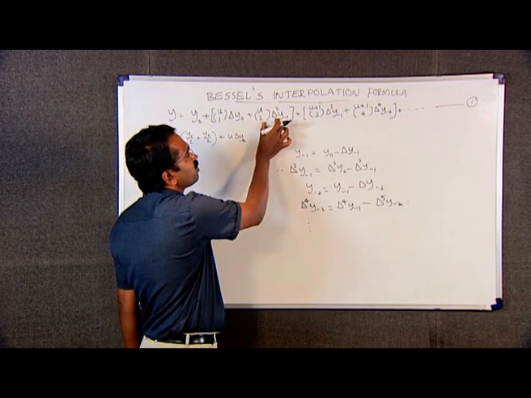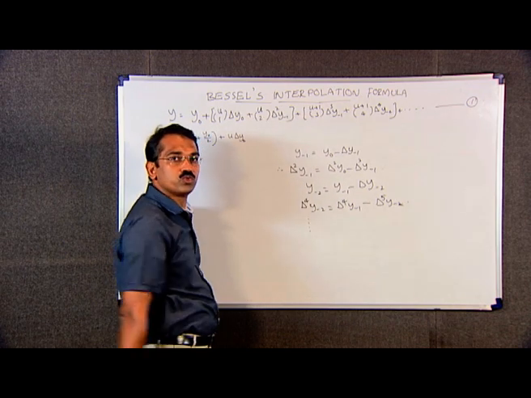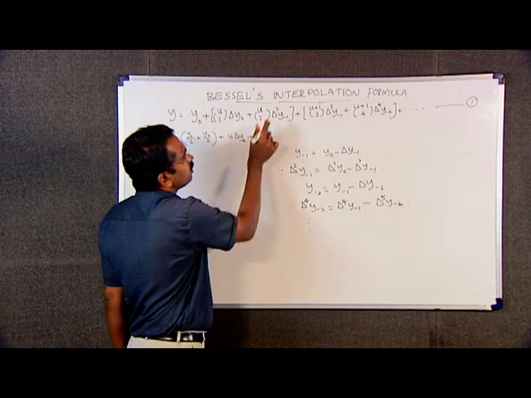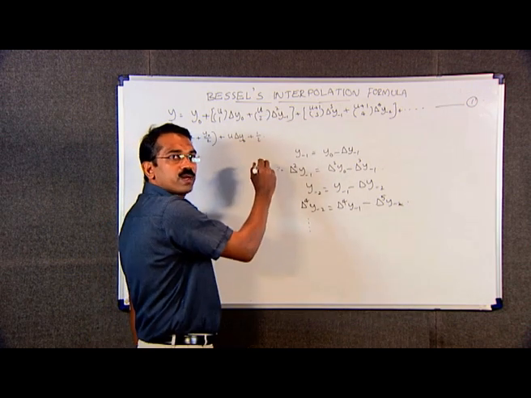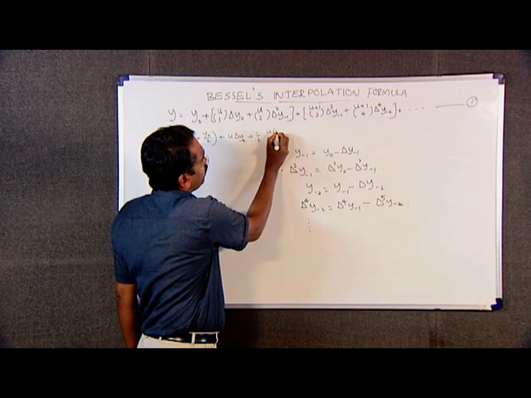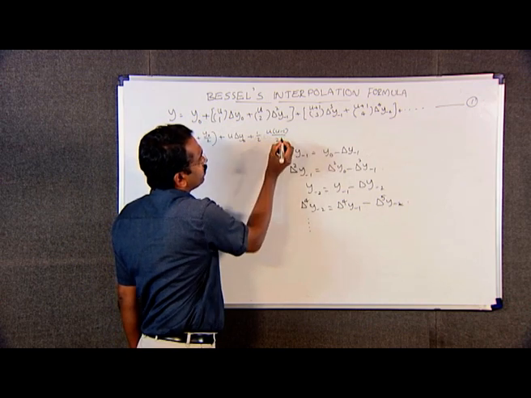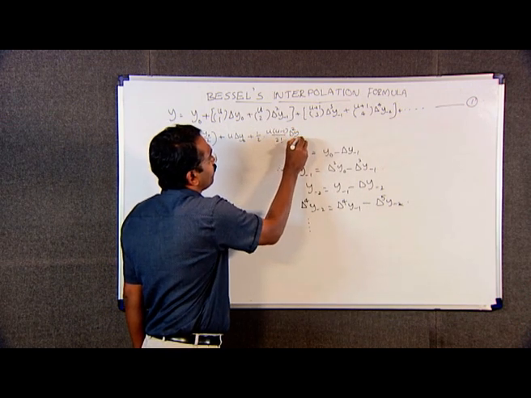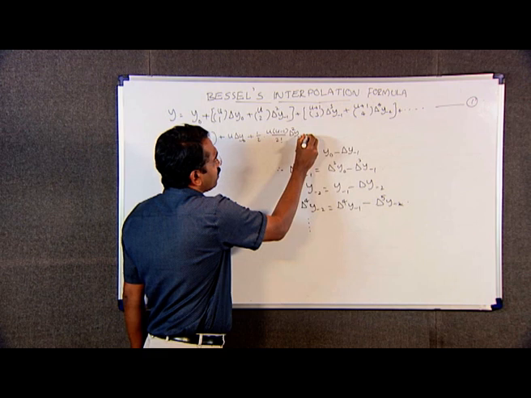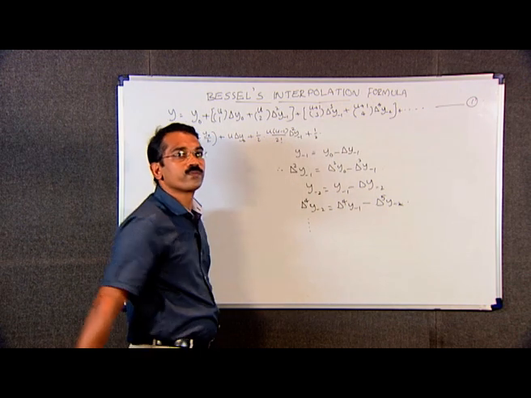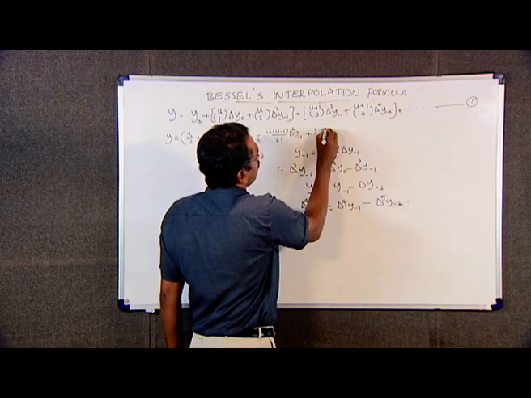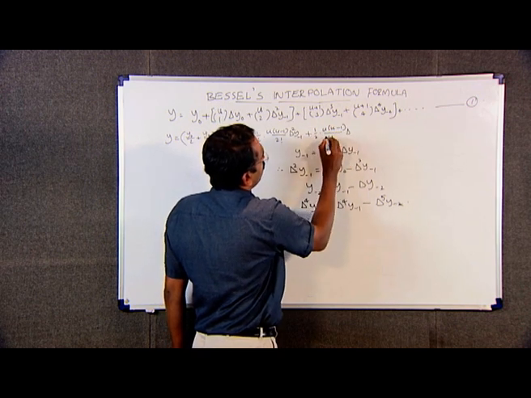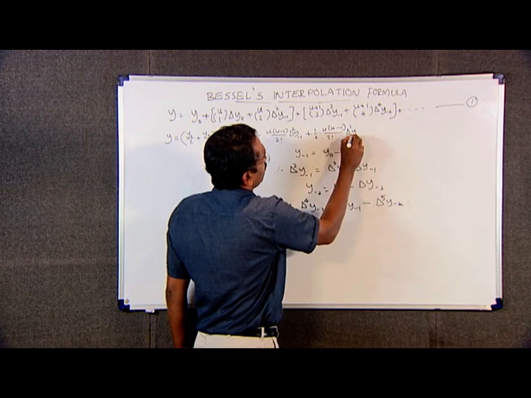Now, we split this term into 2, we get 1 by 2 into u C2, which means u into u minus 1 by 2 factorial, into delta square y minus 1, plus 1 by 2 into u into u minus 1 by 2 factorial into delta square y minus 1.